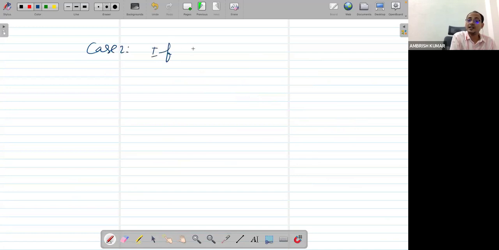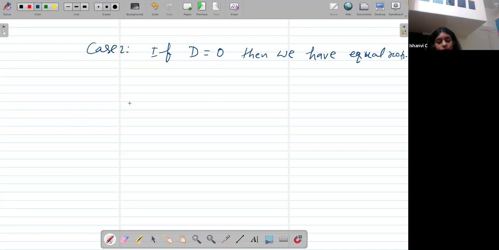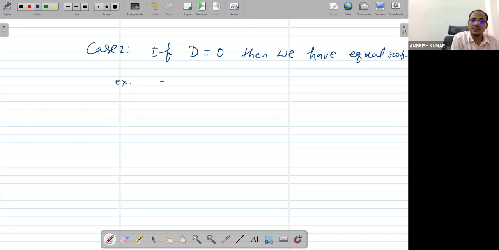But for the second case, if the discriminant is 0, and actually when D is negative, we are not going to have any roots. But when D is 0, in this case we have equal roots, right? Now, for example, let us say we have the question x square minus 2x plus 1.